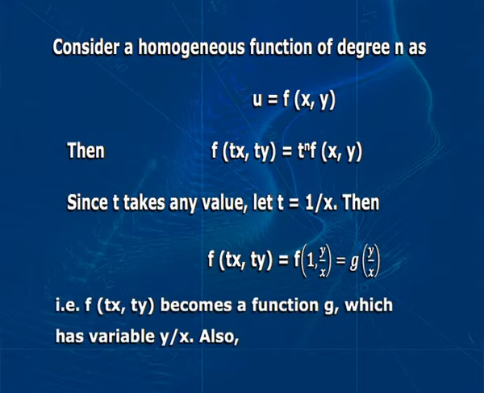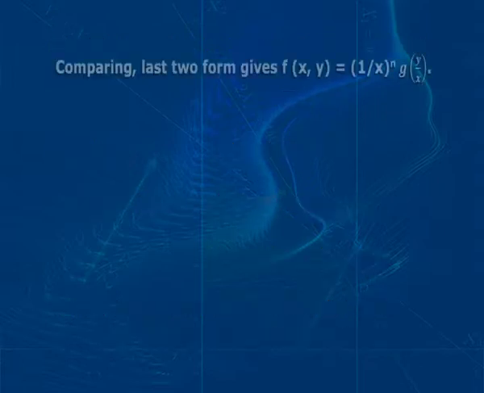That is, f(tx, ty) becomes a function g which has variable y/x. Also, t^n f(x, y) = (1/x)^n f(x, y). Comparing the last two forms gives f(x, y) = (1/x)^n g(y/x).